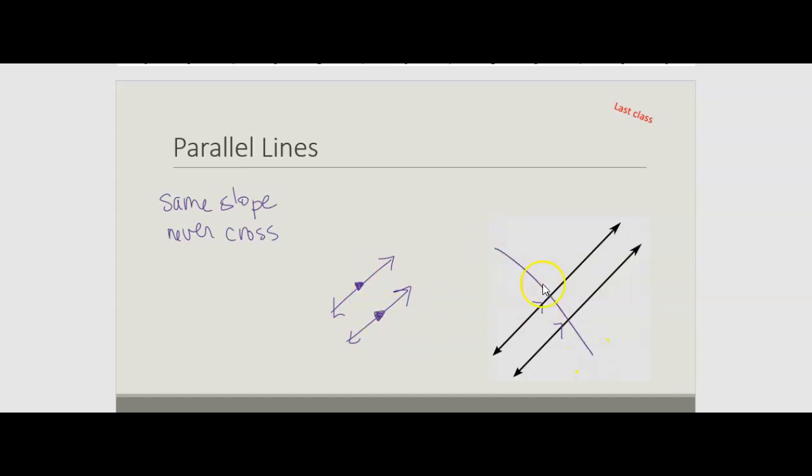If you have more than one pair of parallel lines in a diagram, then they'll oftentimes use 2 arrows because they want to make sure that you're matching up the lines that are parallel together. So they're saying these two have the same slope, and we're saying these two have the same slope.